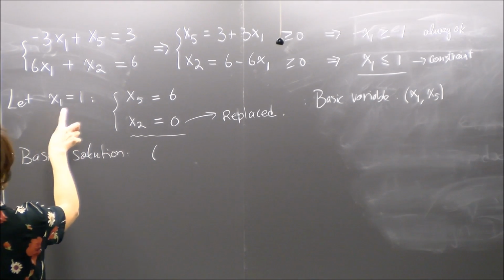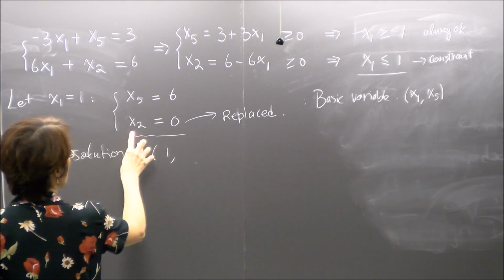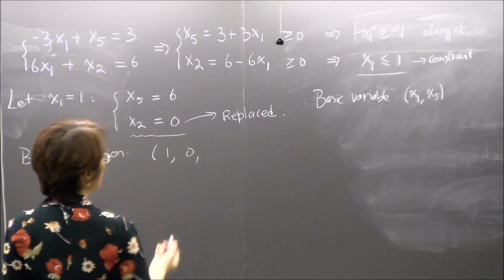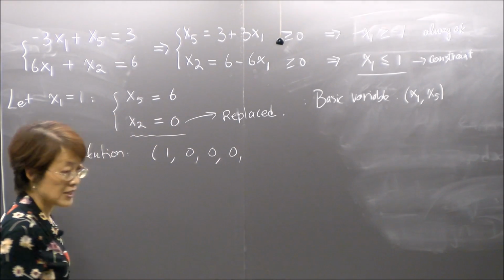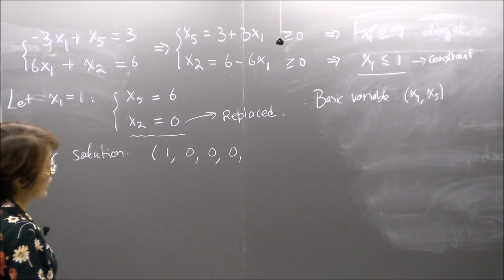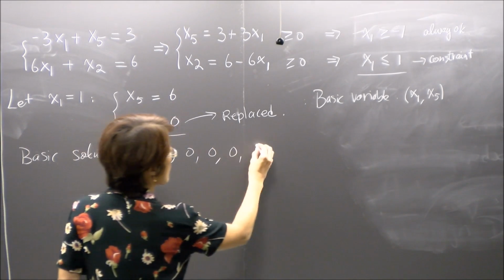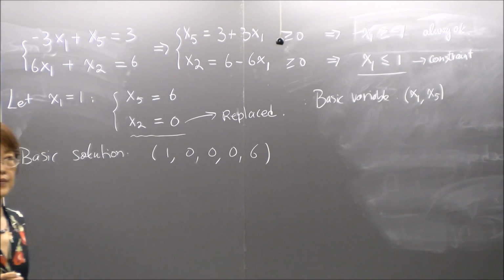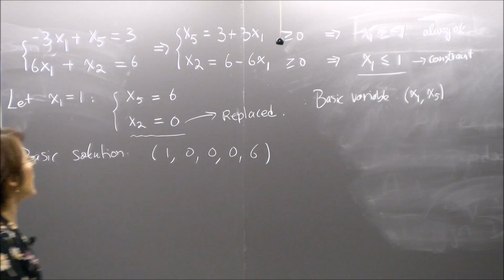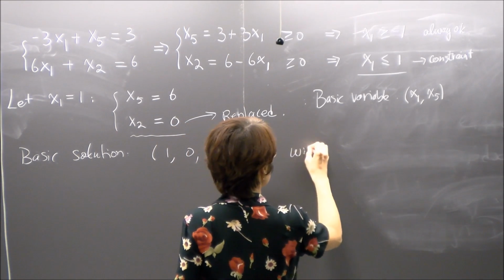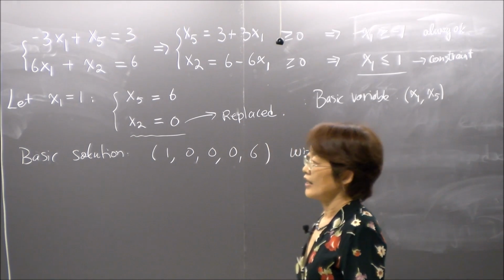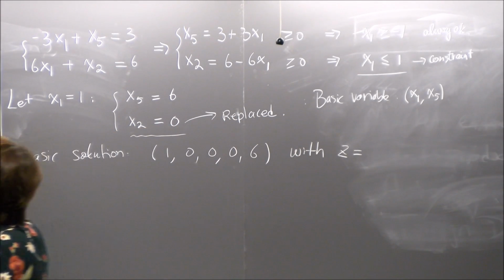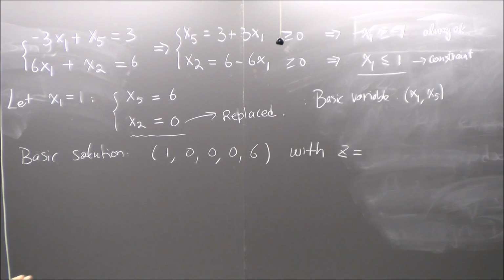So we are setting x1 to be 1. x2 is non-basic now, is 0. x3, x4 are both non-basic. They are 0. And x5 is 6. Is that right? I know that will be the basic solution. Okay. And what is the objective function? Z. What does z equal to at that point? Well, z equals to here, I can write it out again.